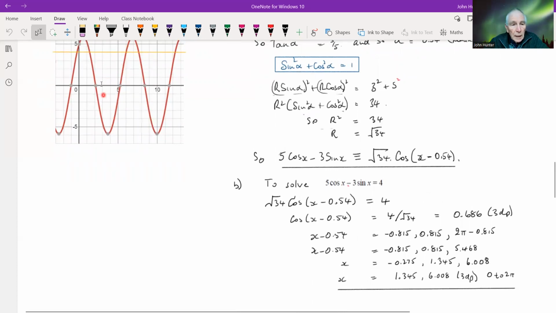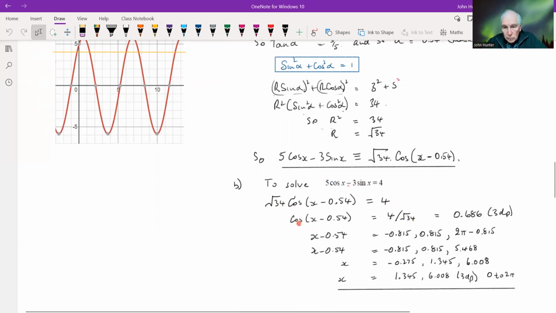What we're looking at are the points of intersection with this yellow line. So this is the line, y = 4. Function is equal to 4. So we're looking for the intersection of this curve and this line. So we're going to solve this equation in order to do that.